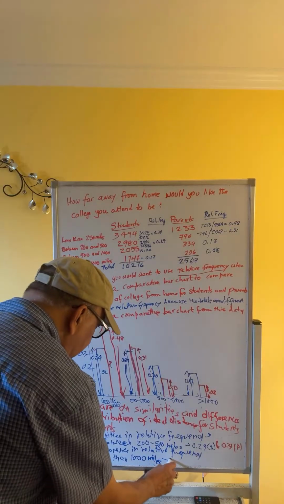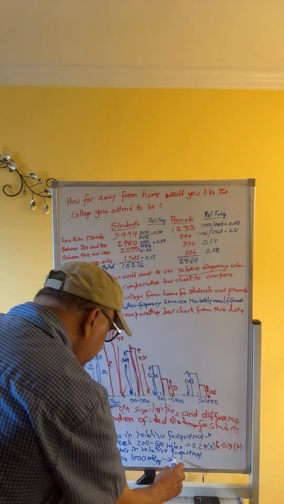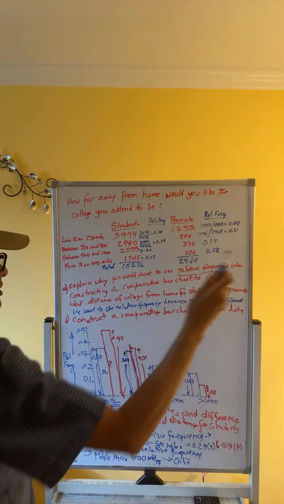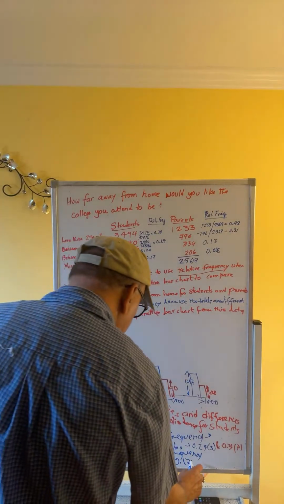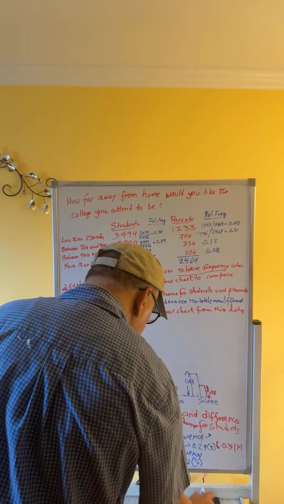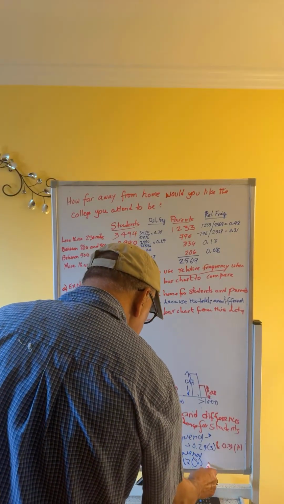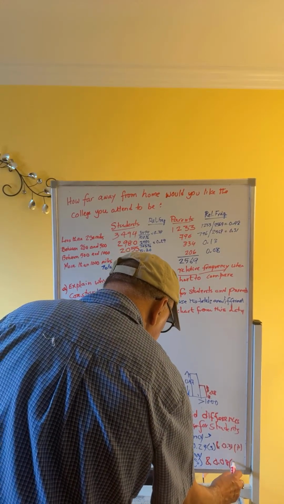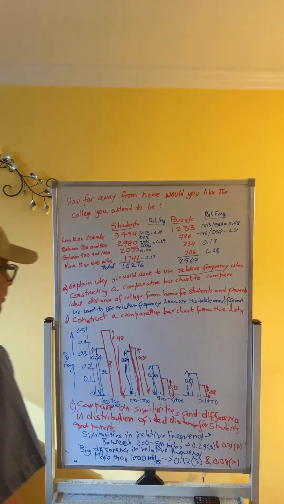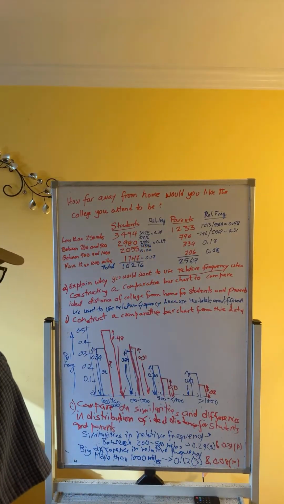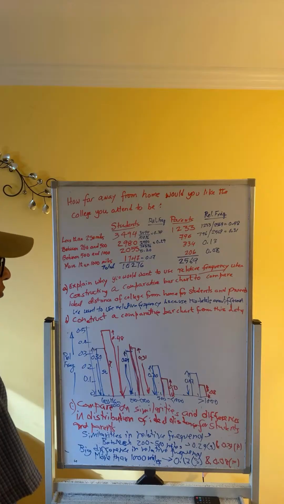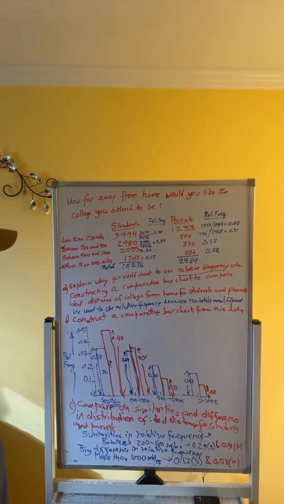So for students, it is 0.17. 17% of the students would like to go to college that is more than 1000 miles away from home. And for parents, it is only 0.08. Half. Parents are not thrilled at their children going to college which is more than 1000 miles from home. So similarities in the second category, dissimilarities in the last category.